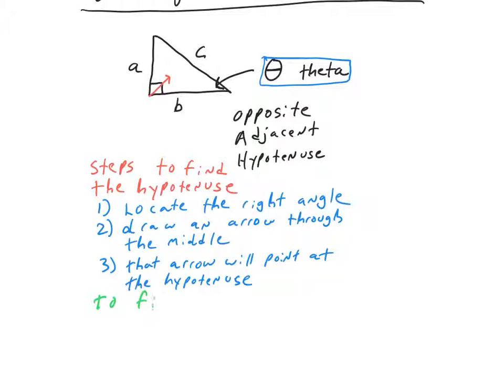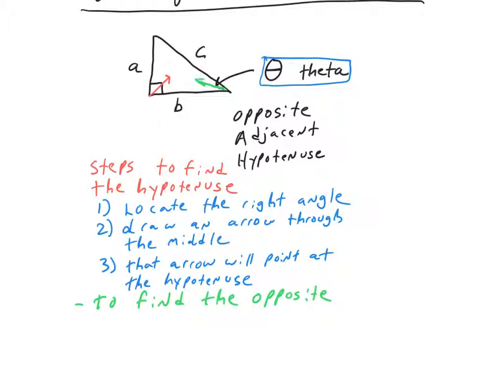To find the opposite, you're going to draw an arrow through the middle of the angle that they're talking about. So it's just like the hypotenuse, only you're not using the right angle. You're going to use the angle that they're talking about. So for this one, we're talking about angle theta here.